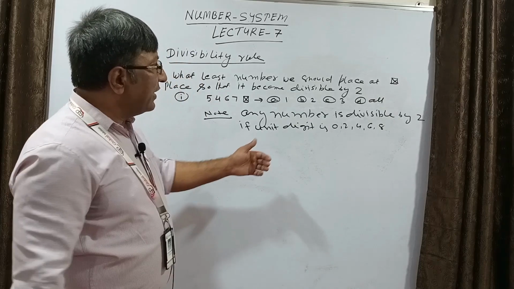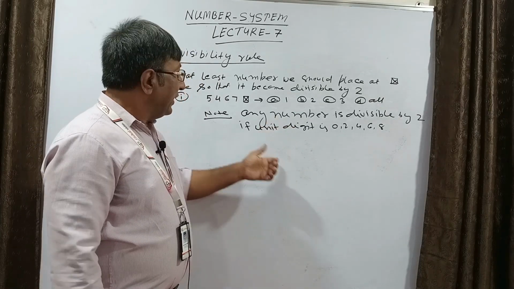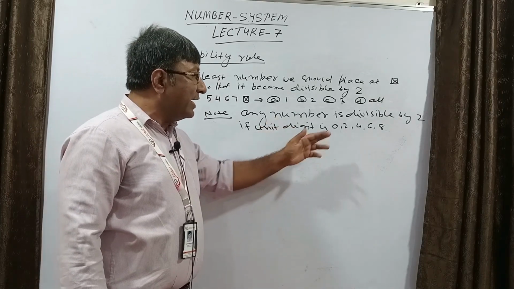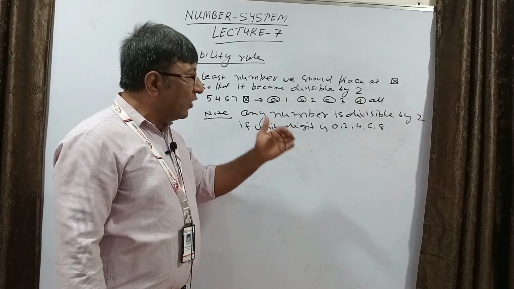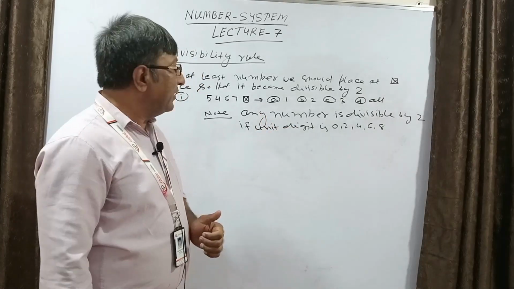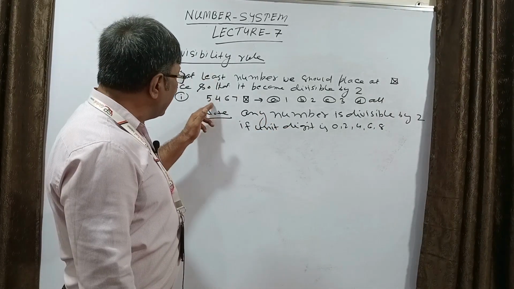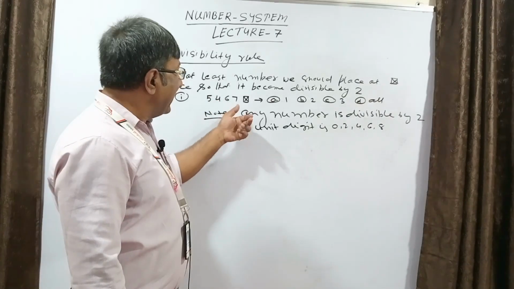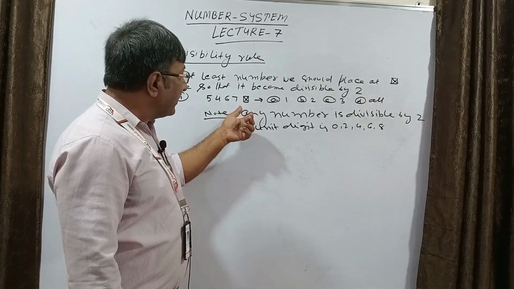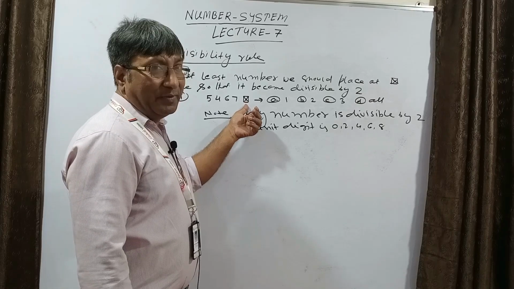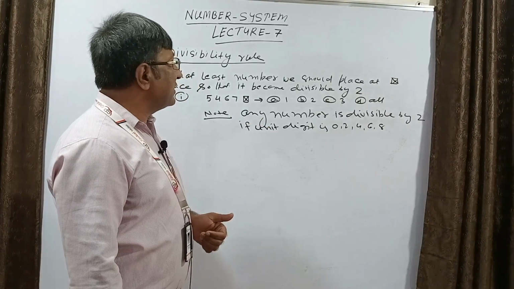Any number is divisible by 2 if the unit digit is either 0, 2, 4, 6 or 8. So here my question is 5, 4, 6, 7 and here the star place. What number should we place here so that it is divisible by 2?